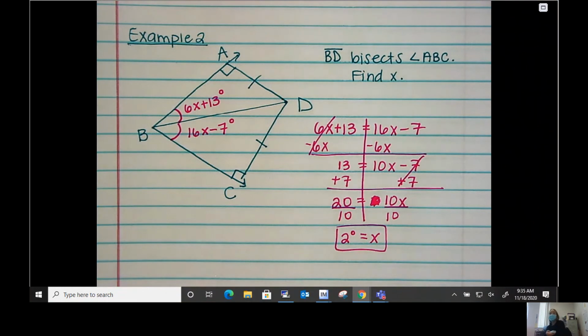Okay, did you get x equals 2 degrees? Fantastic. 2 degrees is your final answer. All you have to do is find x for that problem.